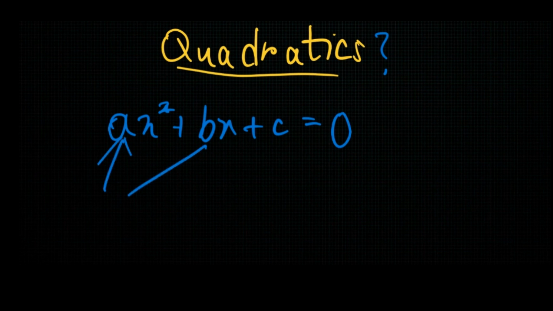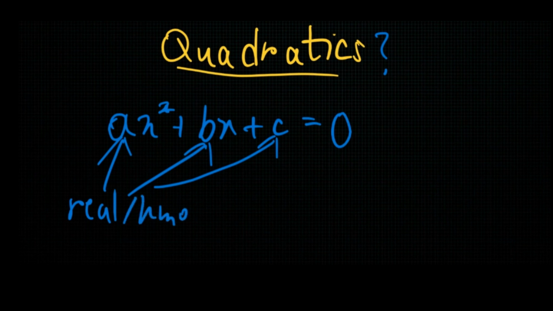These a, b, and c are real numbers, so known values. This x over here is to the power of one, and this x over here is squared.